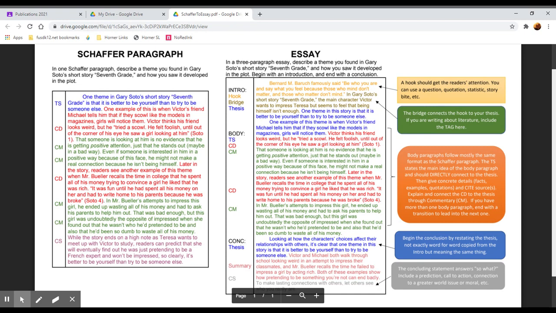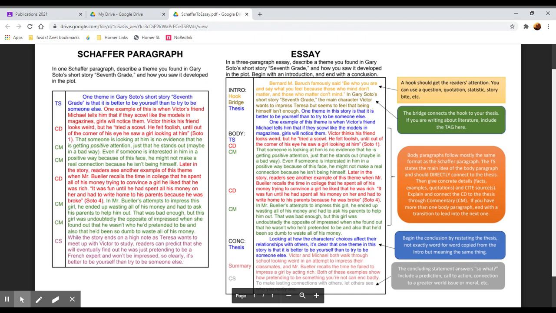So the way that an essay is organized is you start sort of general with this quotation or question or something that can grab people's attention and pull them in. You narrow your focus down with the bridge that introduces your topic and get very specific with your thesis. This is exactly what I'm going to talk about.